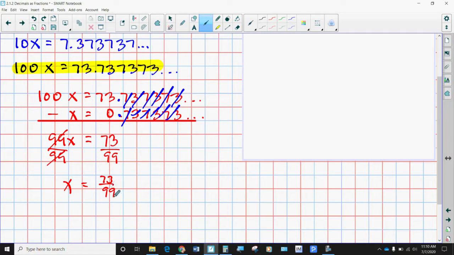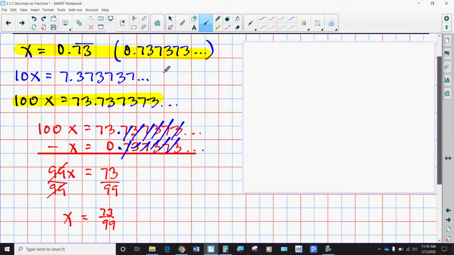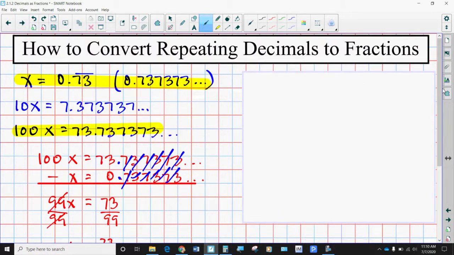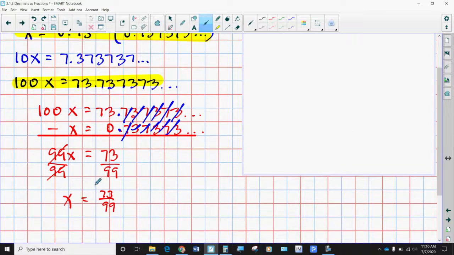So 73 over 99 is 0.73 repeated, and then that fits in perfectly with this pattern that we were seeing over here. Okay. So this is the mathematical process that we use to convert repeating decimals into their equivalent fractions.